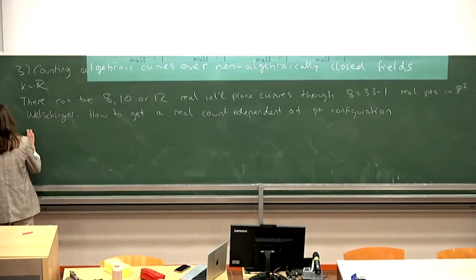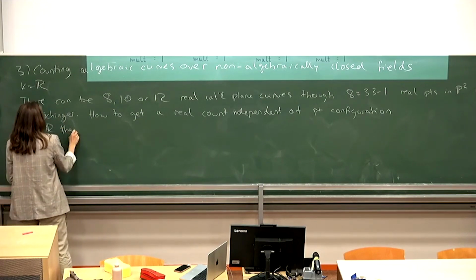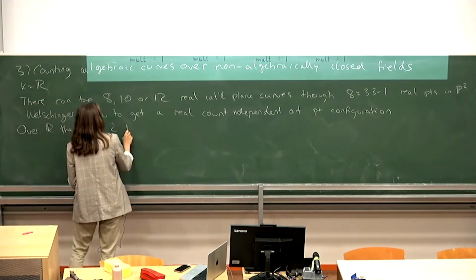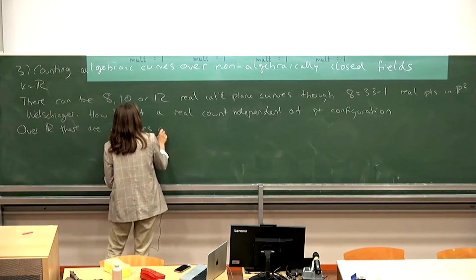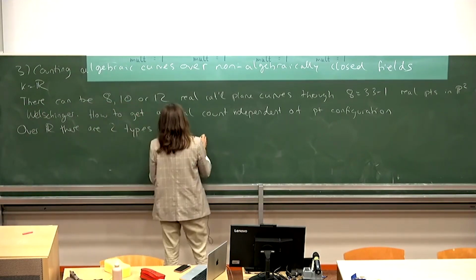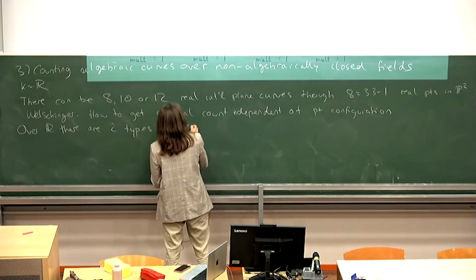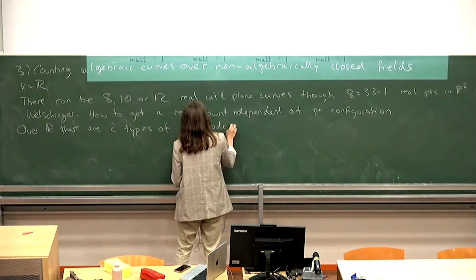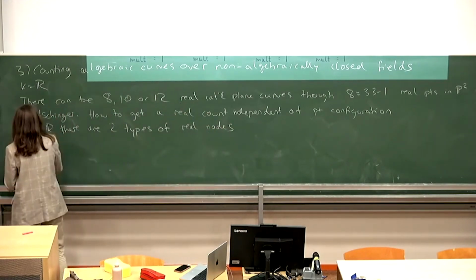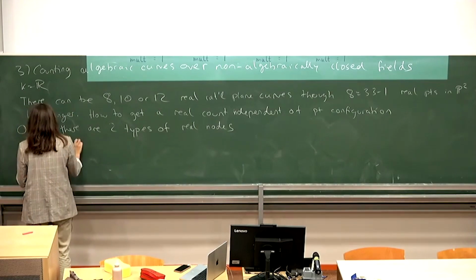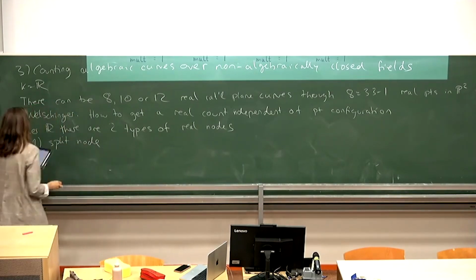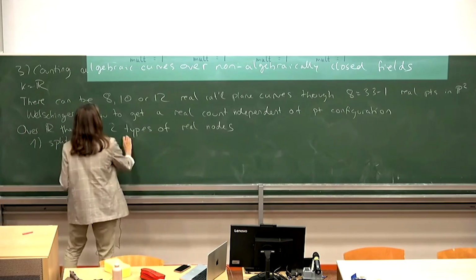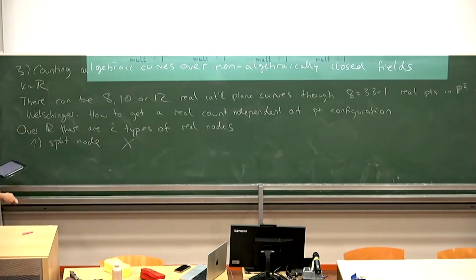And there are 2 types of real nodes, namely one split node, which looks like this. It has 2 real branches.